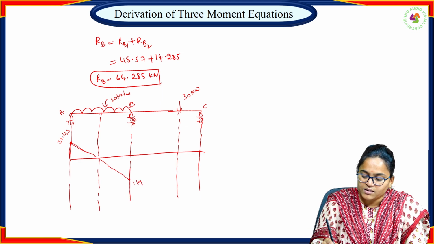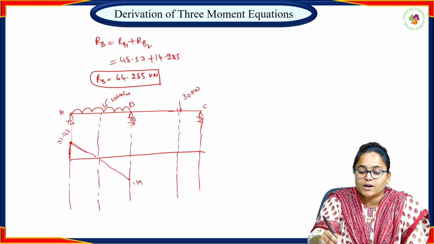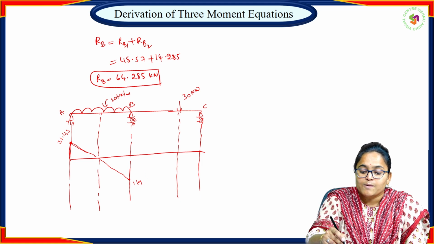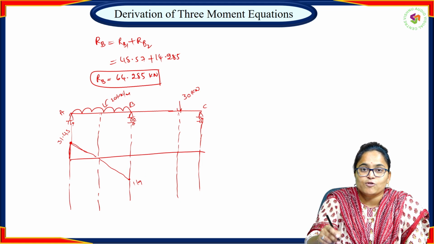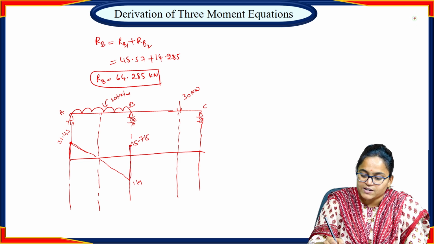Next, RB is acting upwards. We got RB as 64.285. So minus 119 plus 64.285, we'll get plus 15.715. So this is above the reference line again.